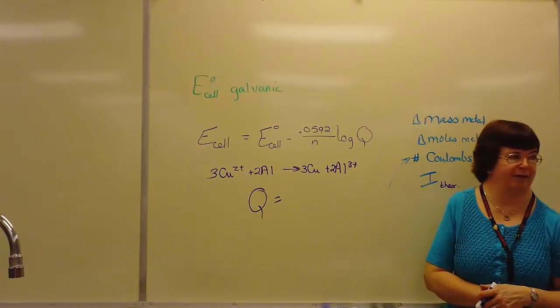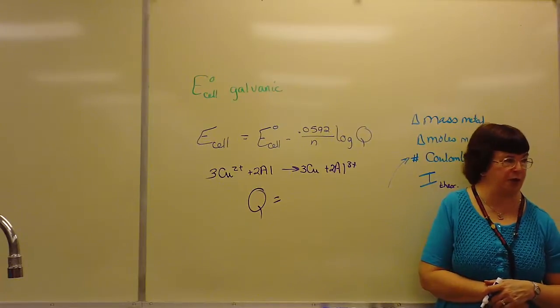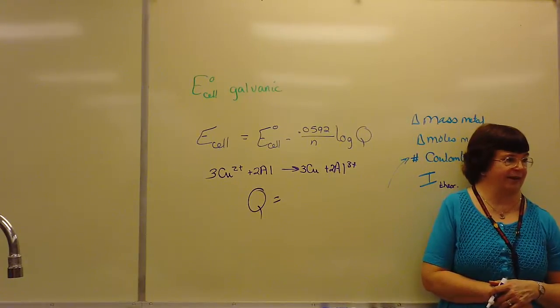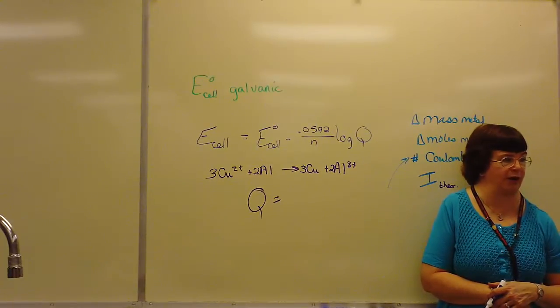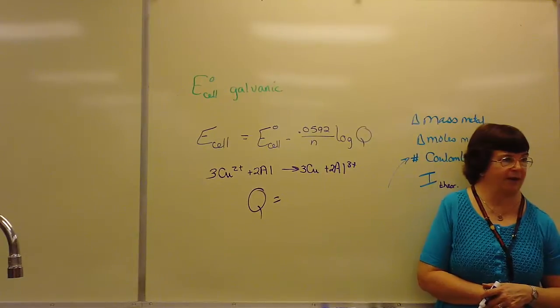Okay. So, how do I find Q now, Mackenzie? No. How do I find Q? Remember what Q is? What do we need to find Q, folks? Concentrations. You're making this way too hard, ladies and gentlemen. Concentrations!